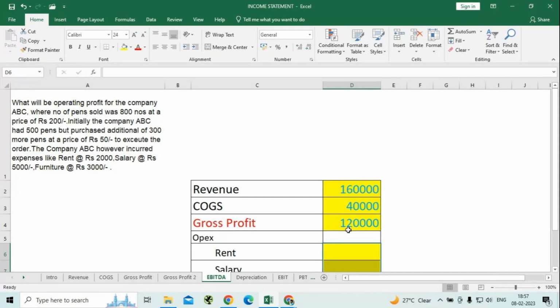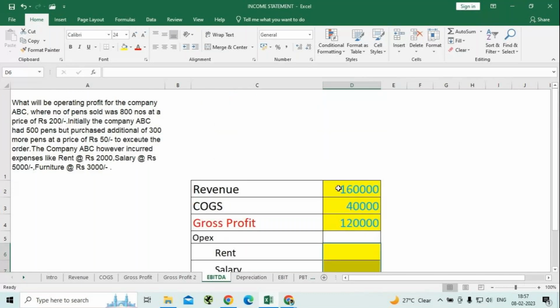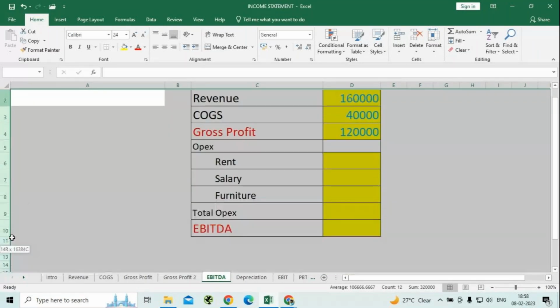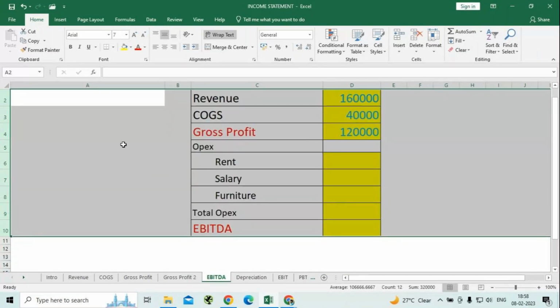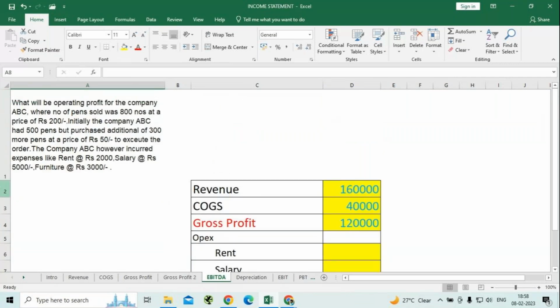Now, what are the operational expenses we have over here? The rent paid is 2,000 rupees.